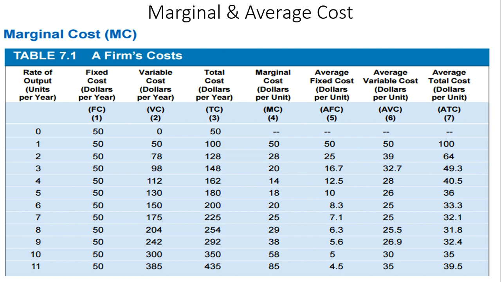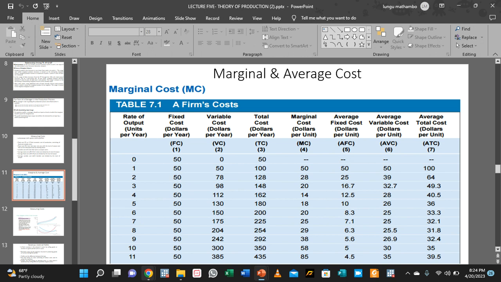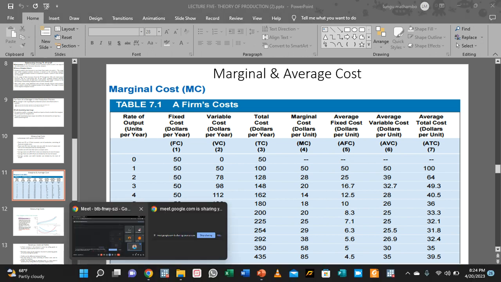And you know that when we add the fixed cost plus the variable cost, we must get the total cost. So the 50 for the fixed cost, and one thing that can help us know that this cost is fixed and this one is variable is just by looking at the table.